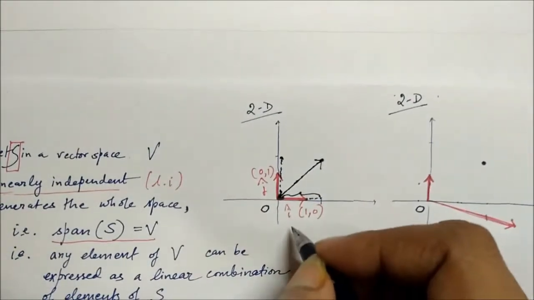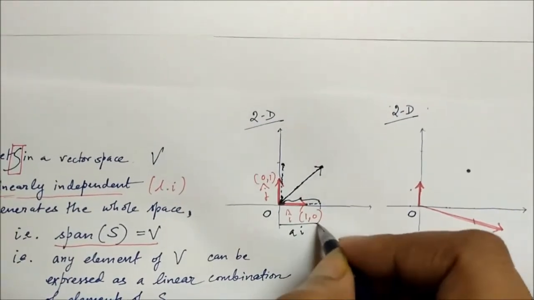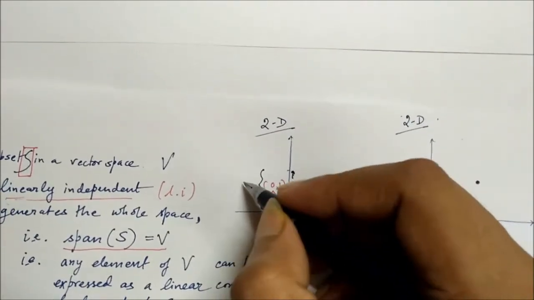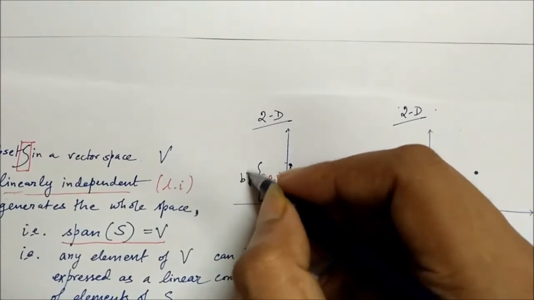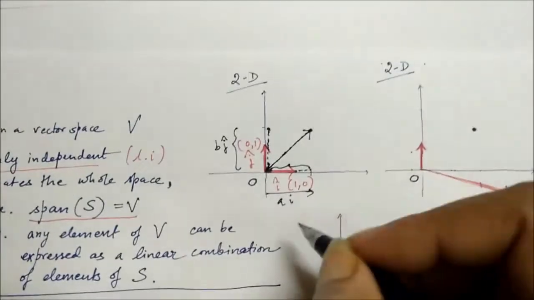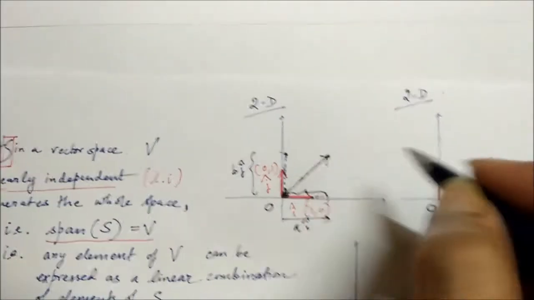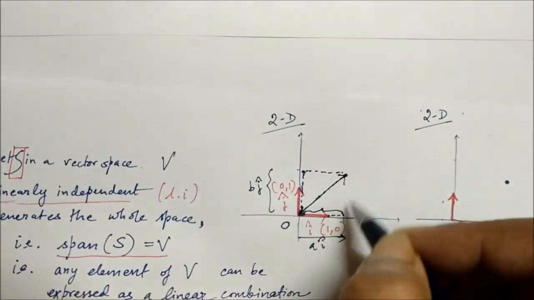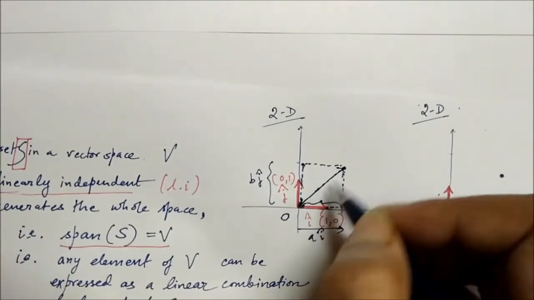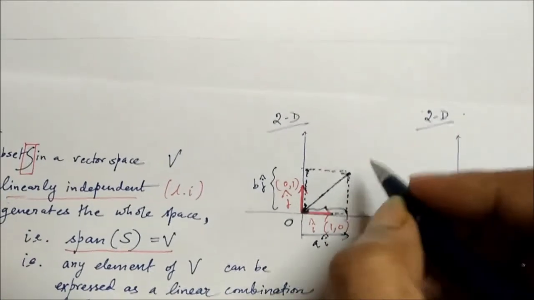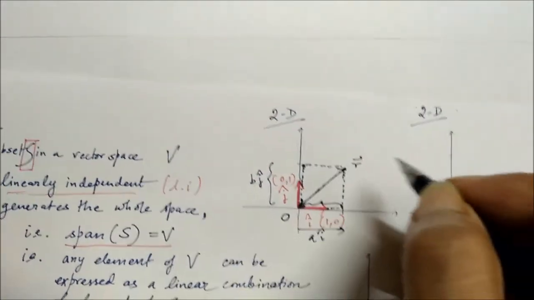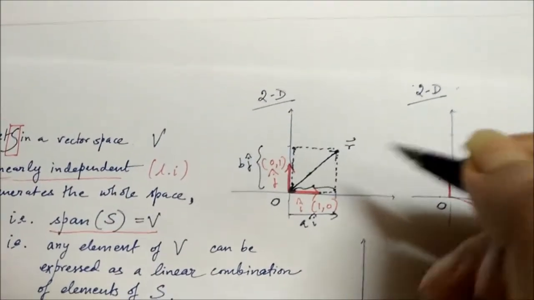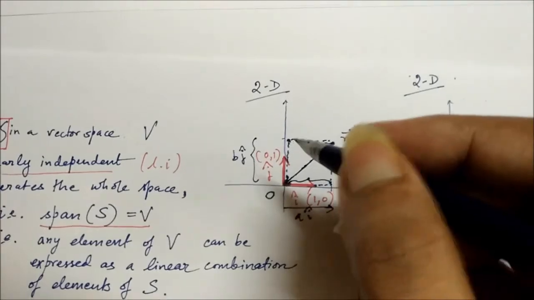And it be, say, a i cap, the whole one, and this whole one, it be maybe b j cap. So a i cap plus b j cap, what does it give you? Remember the parallelogram rule. This gives you the diagonal, which is nothing but the point vector r chosen randomly. Now this you understand.